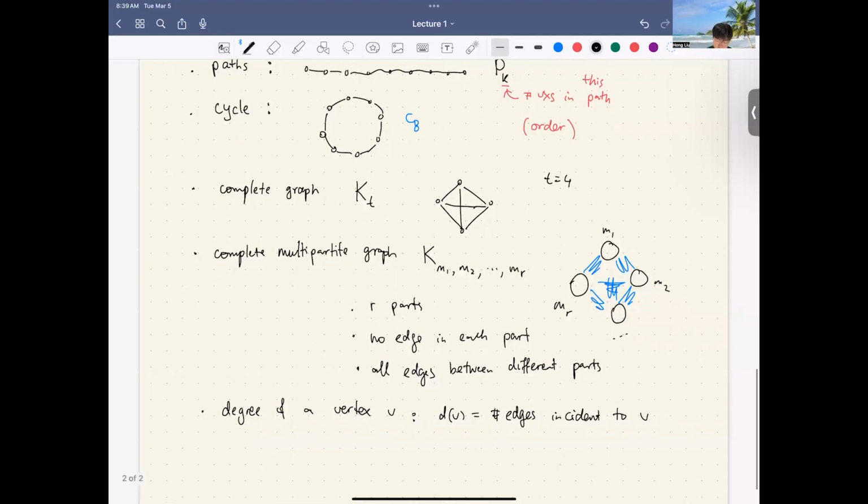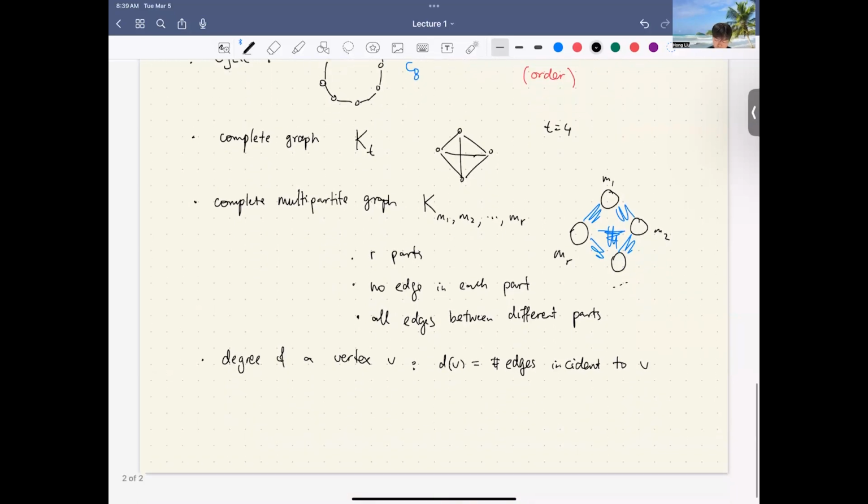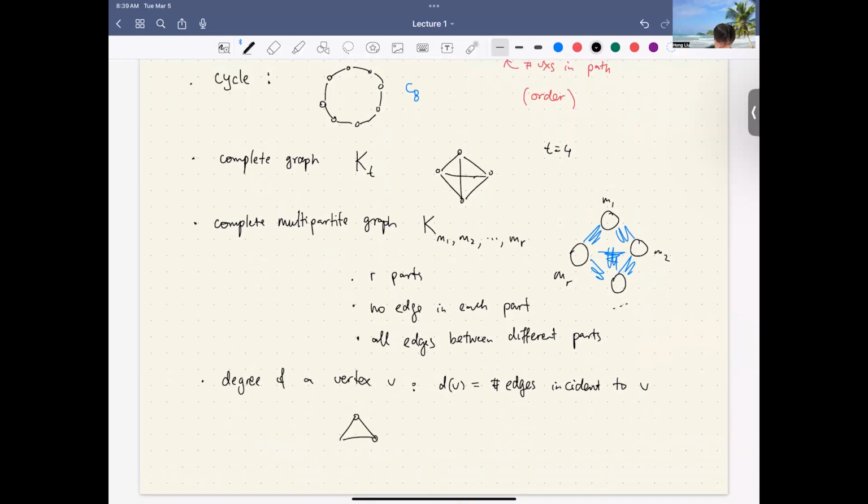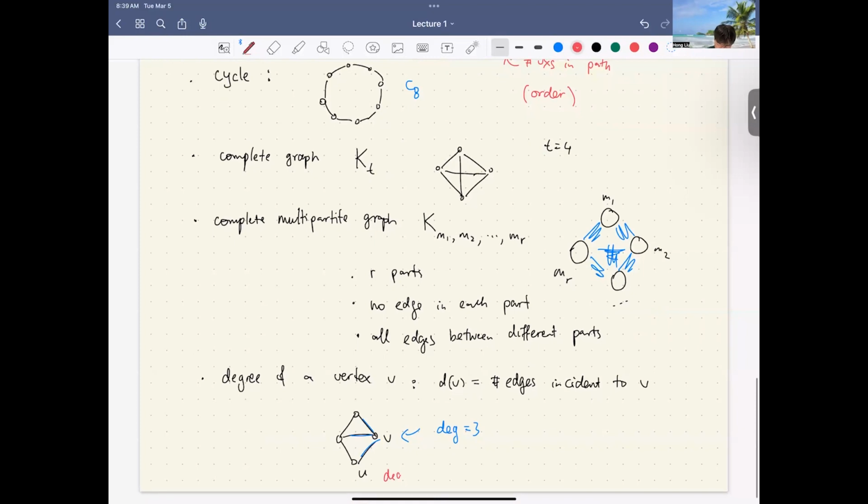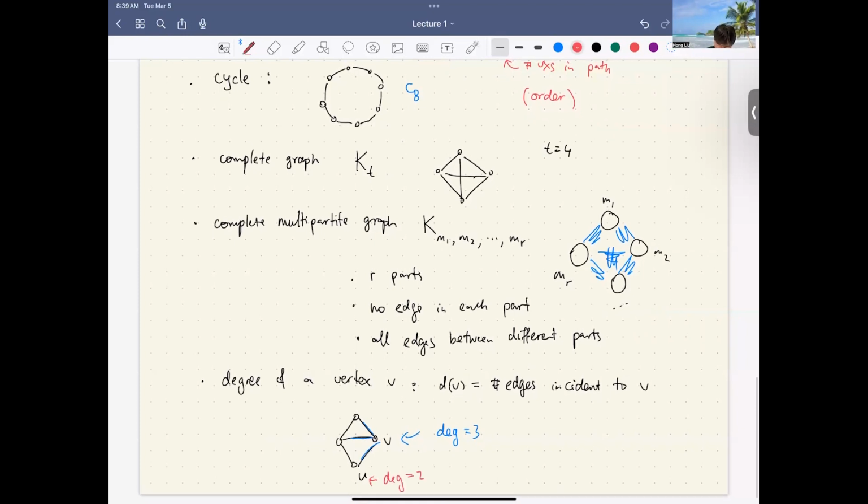So in this example, we have these 2 vertices, right? This vertex will have degree equal to 3. You have 3 edges incident to it. And this vertex will have degree 2. You have these 2 edges incident to you.